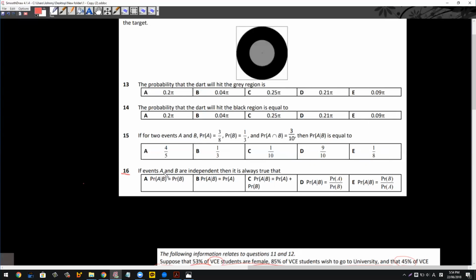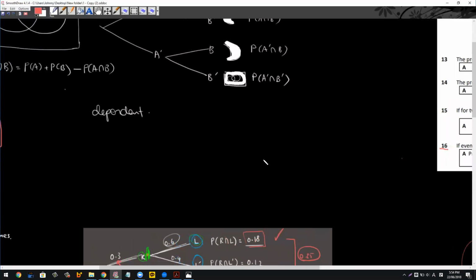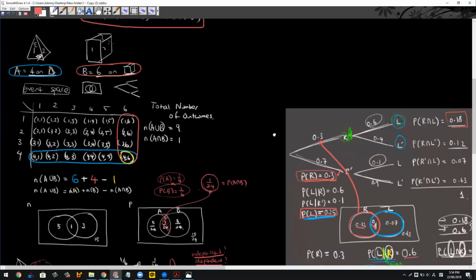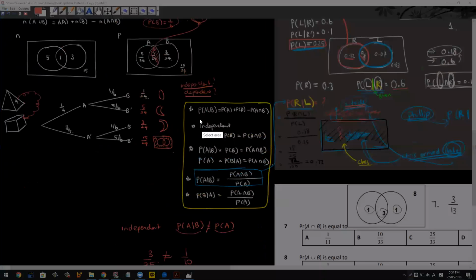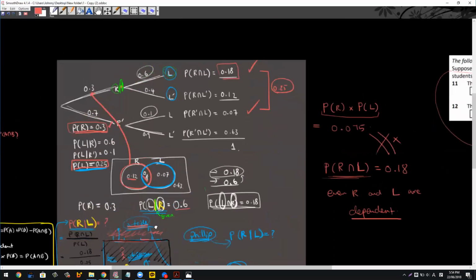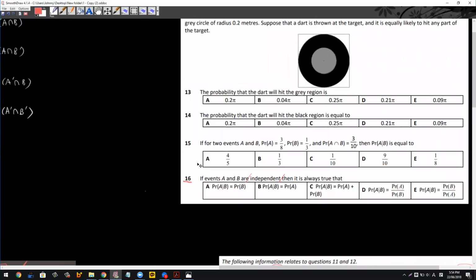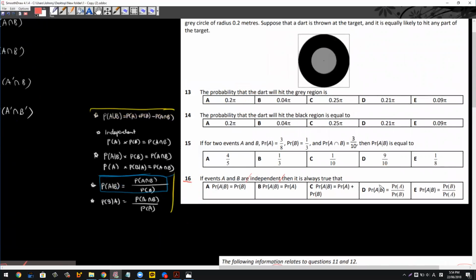So if A and B are independent, then which is true? It's got a lot of things there, but maybe it may be helpful if I copy and paste that formula. So I'm going to copy and paste this one over here so you can try this one.